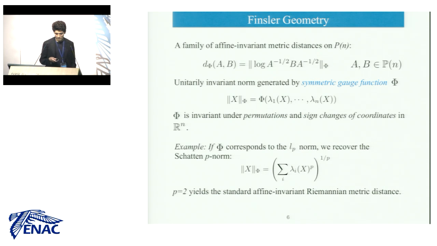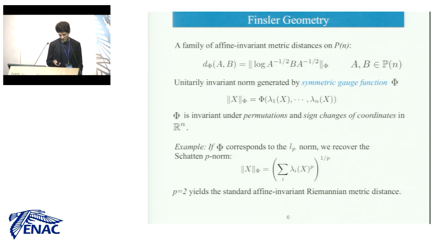So the framework for this work is Finsler geometry. If you haven't come across Finsler geometry and Finsler metrics, a Riemannian metric is a smoothly varying inner product, and a Finsler metric would be a smoothly varying norm, where the norm doesn't have to come from an inner product.